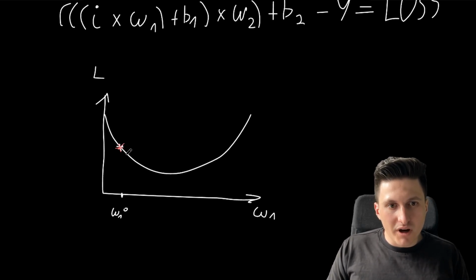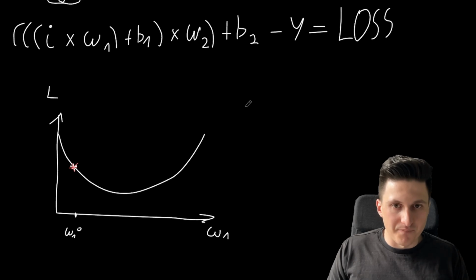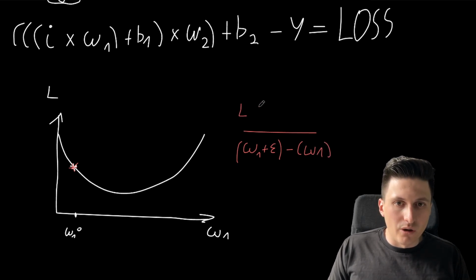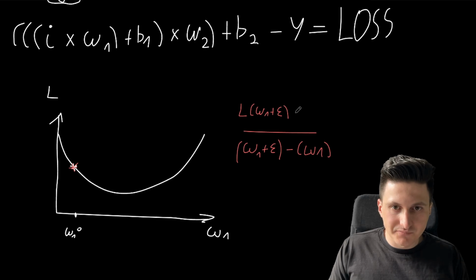And how do we know if we need to increase or decrease W1? Well, that's done with the derivative. What the derivative basically calculates is this: what if we increase W1 by a very small number? How much would the loss then actually move? So the formula is given by this.